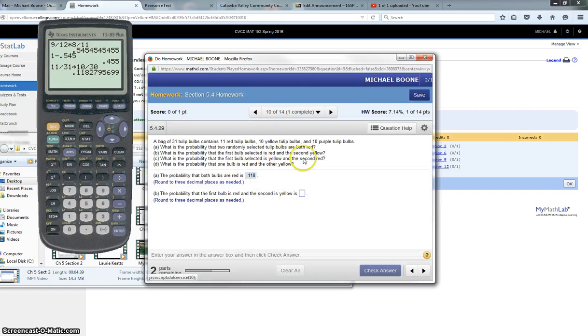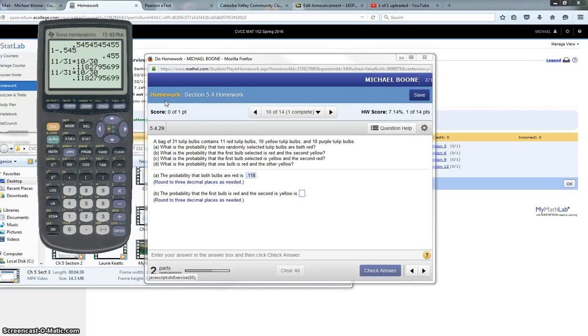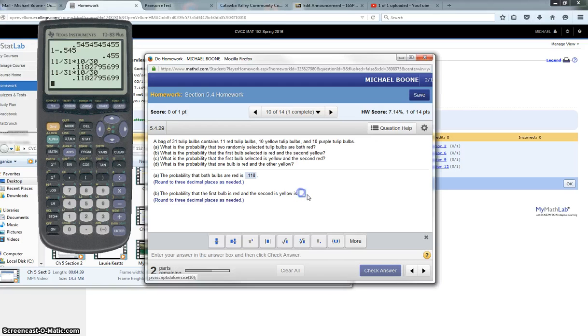The first is red and the second is yellow. So first is red, again, is 11 out of 31, and the next one's yellow. Well, there's 10 yellow ones, so that'd be 10 out of, now I only have 30 tulip bulbs to pick from. So it looks like it's the same for my numbers.